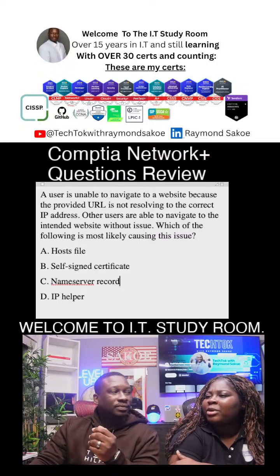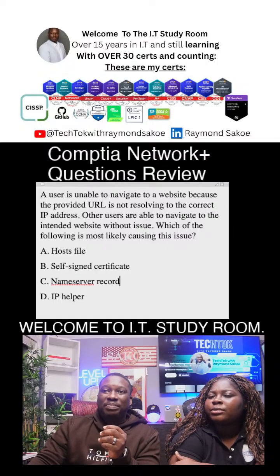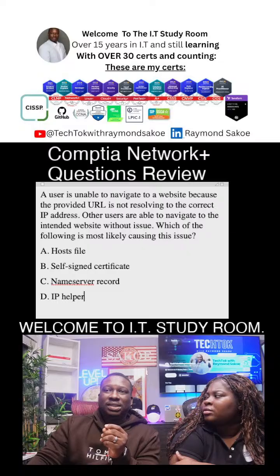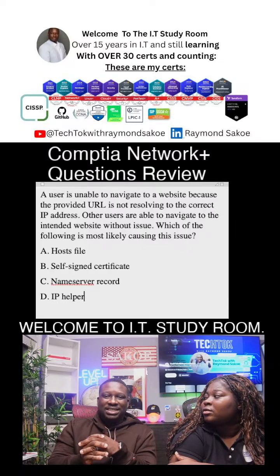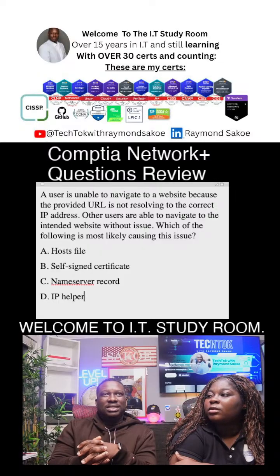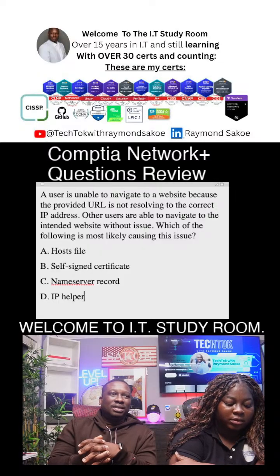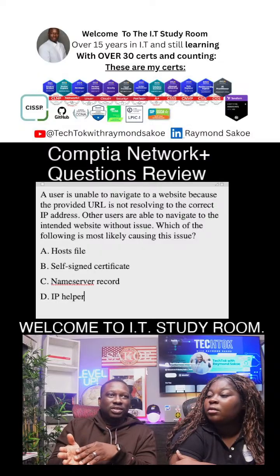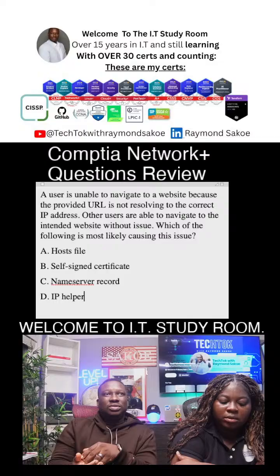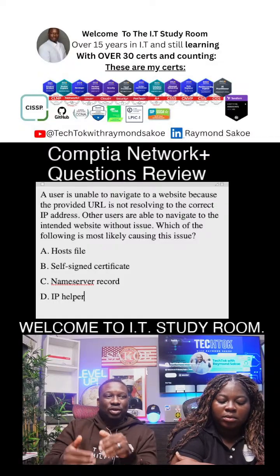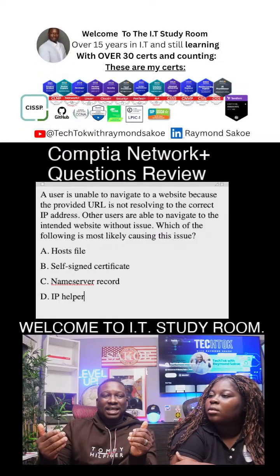Exactly. So what is the IP helper while you're at it? IP helper is mostly for DHCP, dynamic host configuration protocol. The whole point is to allow devices that join the network to automatically get an IP address.